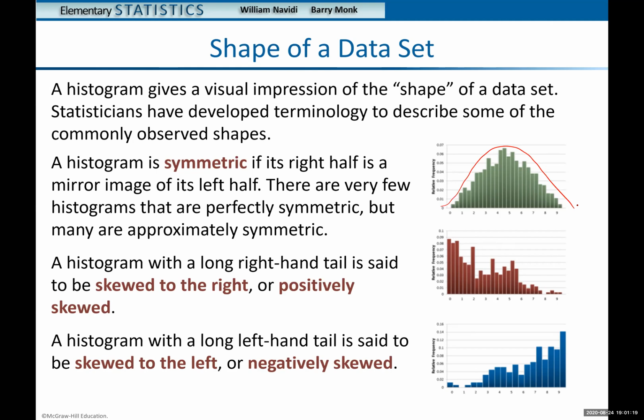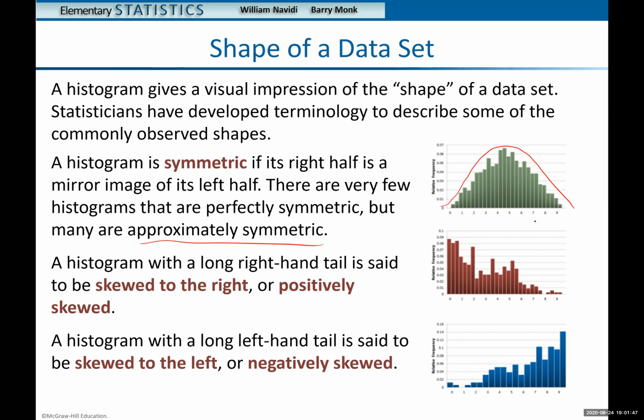So a histogram is symmetric if its right half is a mirror image of its left half. There are very few histograms that are perfectly symmetric, but many are approximately symmetric. So there are a lot of problems that are approximately, not perfect. It's not a perfect bell-shaped curve. If it's perfect, then that's going to be in chapter 7.